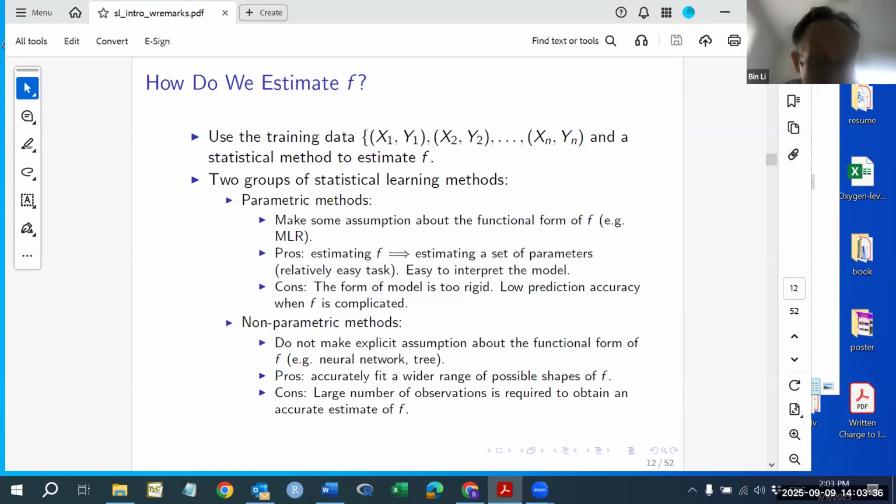Classic models like multiple linear regression are very useful and usually the best models for small sample size data sets. However, if you have a large sample size, then usually we can have much better models with much more flexible assumptions.